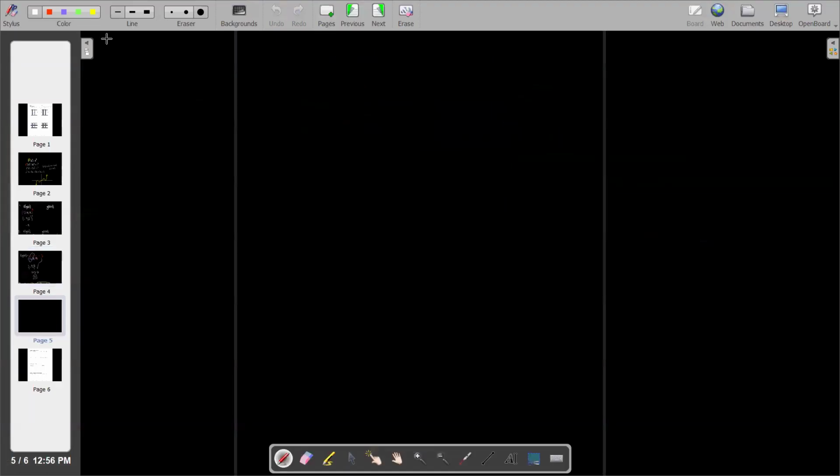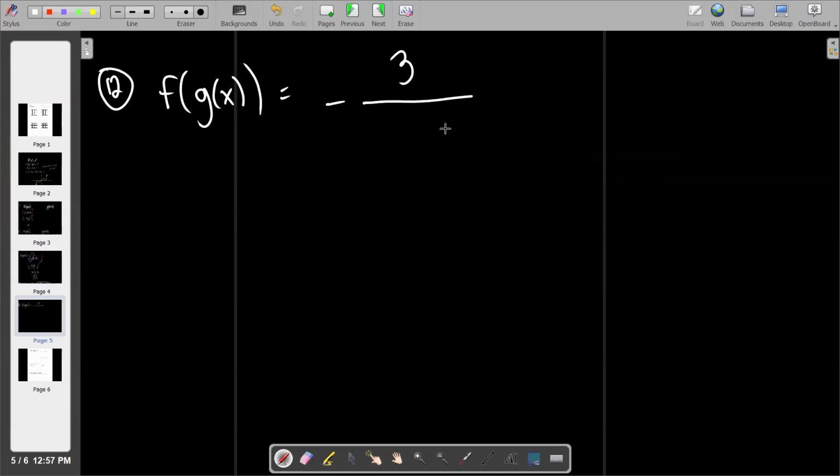Okay, so number 12. Are you okay with f of g first, Coop? Yeah, that's fine. So f of g is going to be the opposite of 3 over blank plus 2.